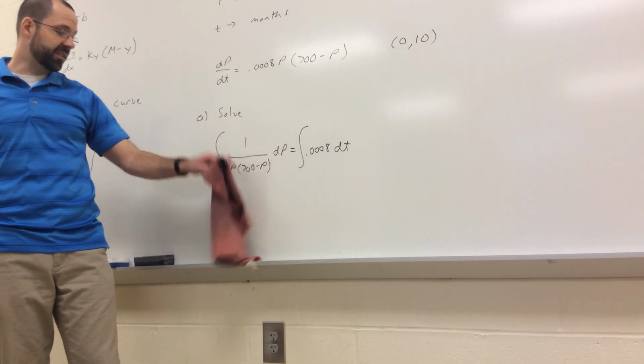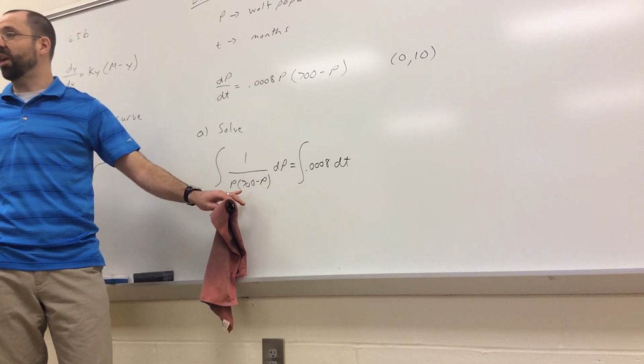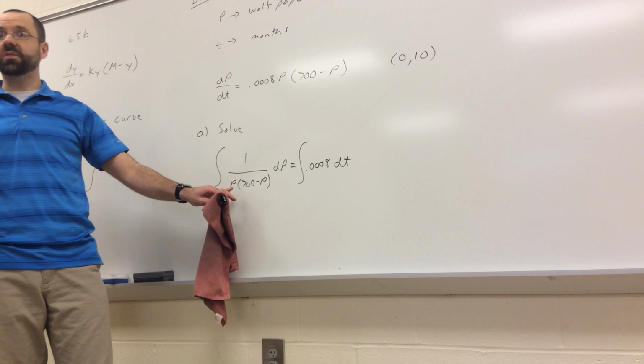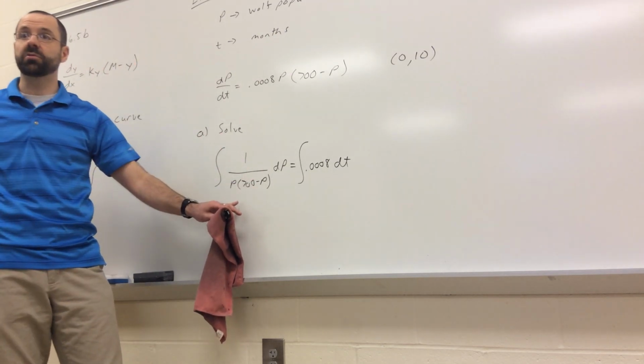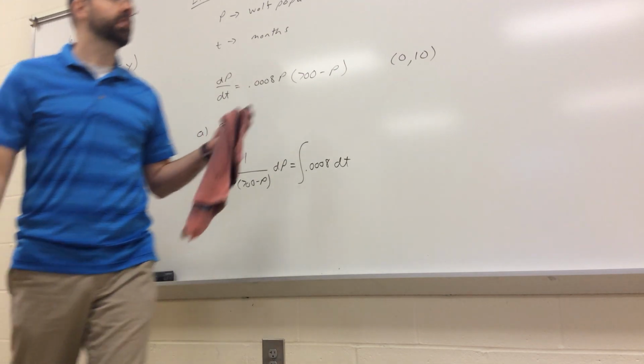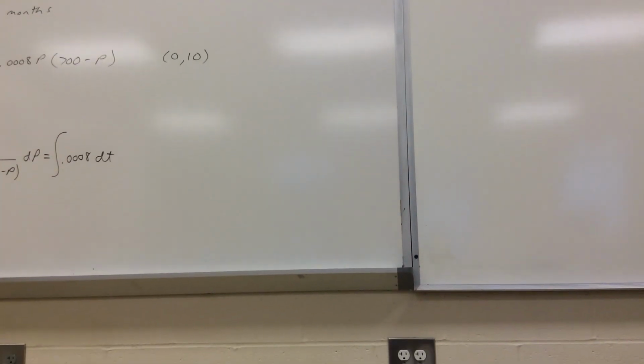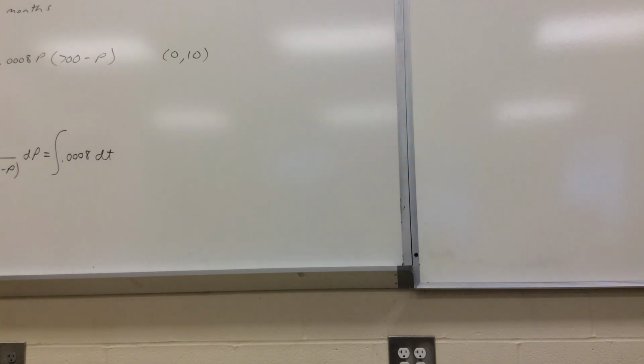So apparently I can take this fraction and split it up into two fractions. So now I'm going to go off to the side and work on just that, taking this mess and writing it as two separate fractions. All right, so I think that we can put A over P plus B over (700 minus P).